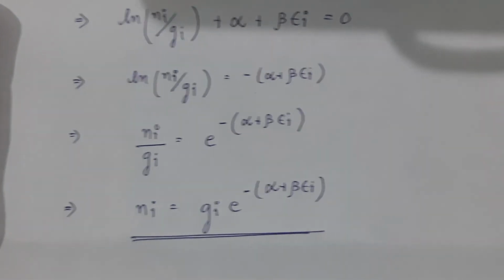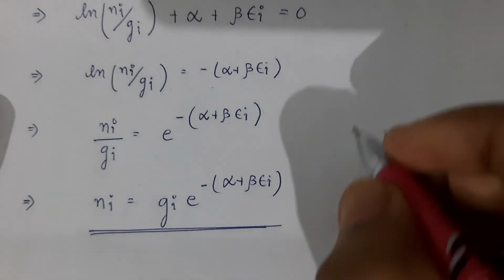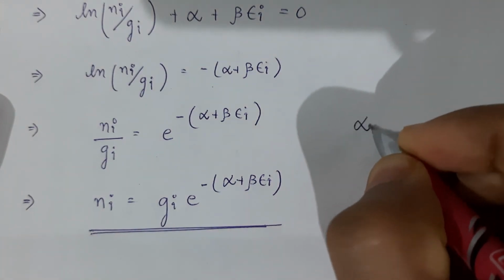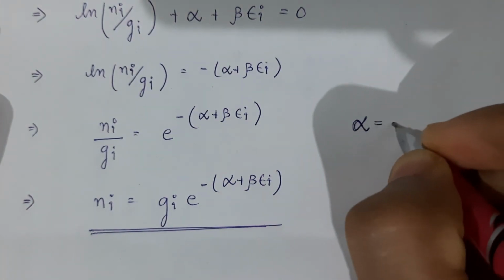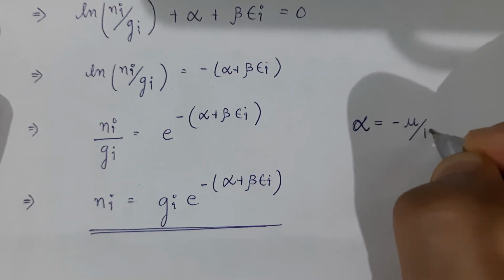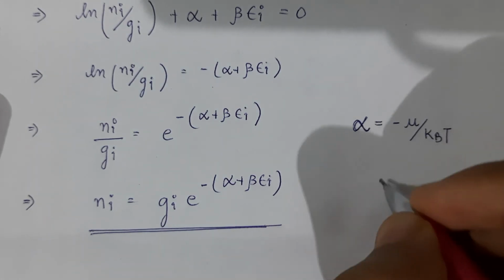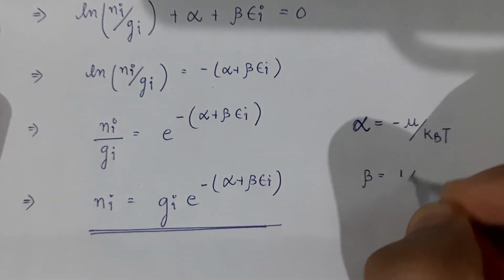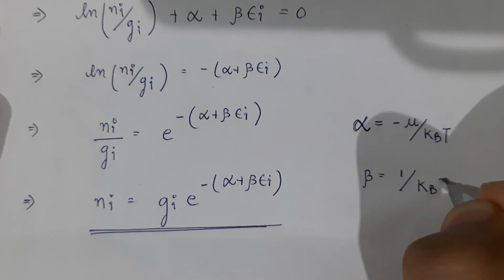Here we are still unaware of the values of alpha and beta. If we apply the Lagrange multipliers, we will get alpha equal to minus mu by kBT, and beta equal to 1 by kBT.